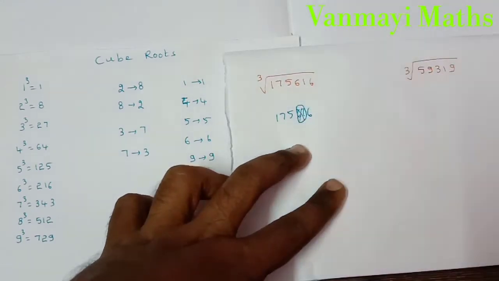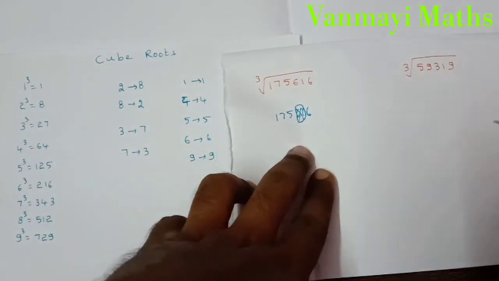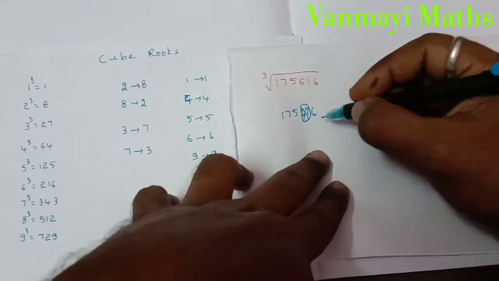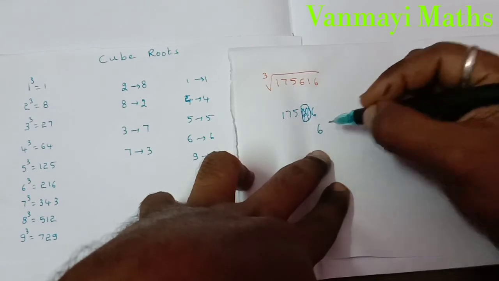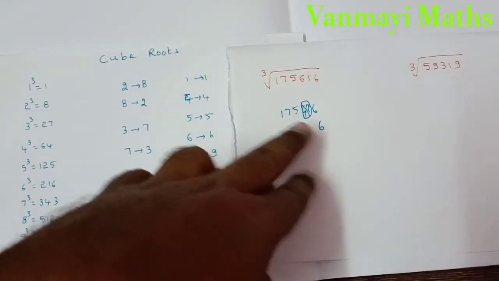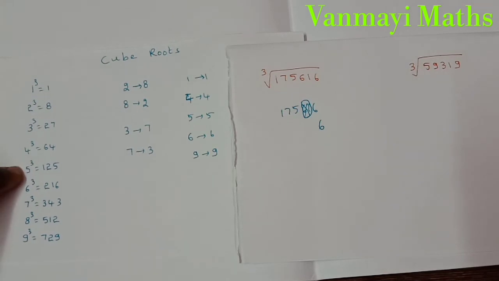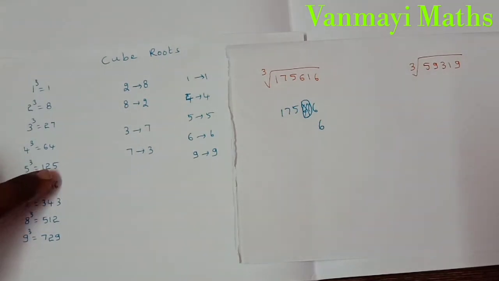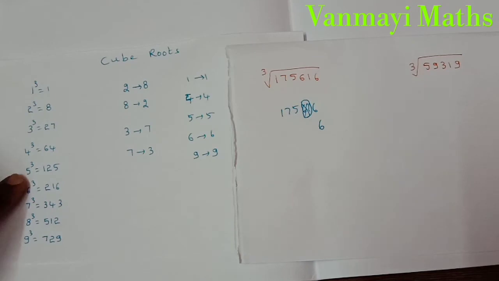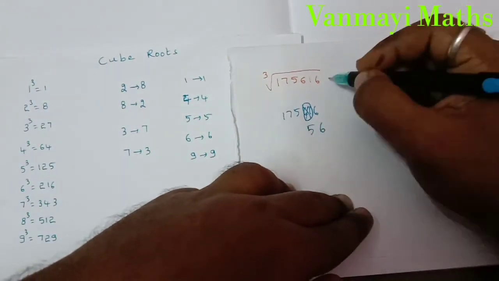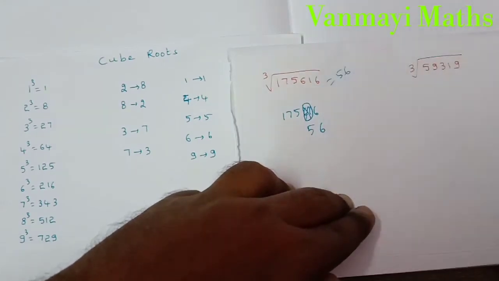Here 6 is there. The cube and cube root also are 6. So unit digit will be 6, and for 175 observe the nearest cube. 5 cube is the nearest cube, 125. The cube root of 125 is 5. So I am writing 5. So this is 56.